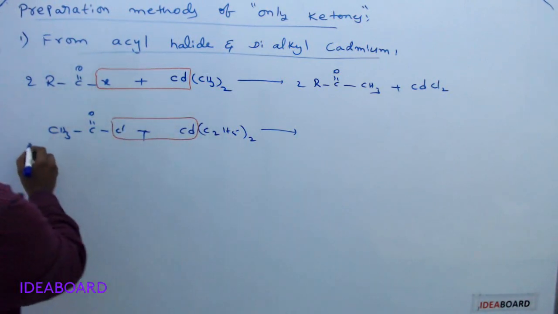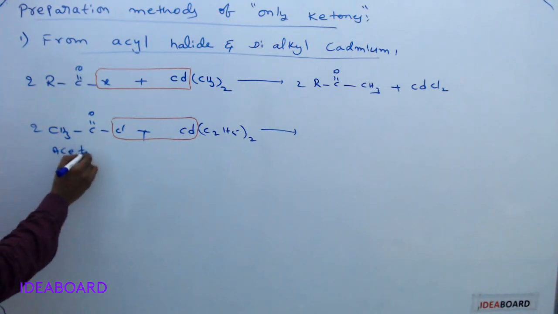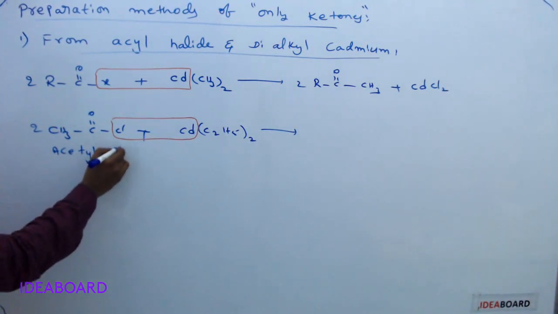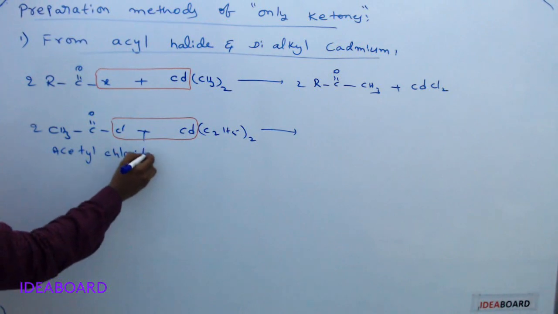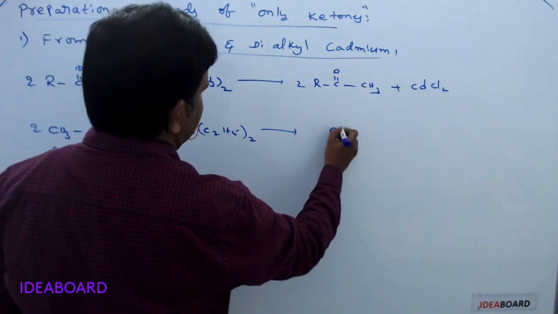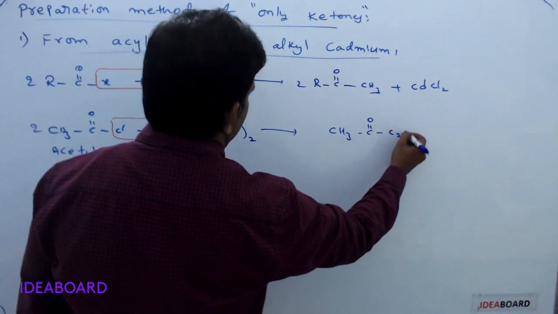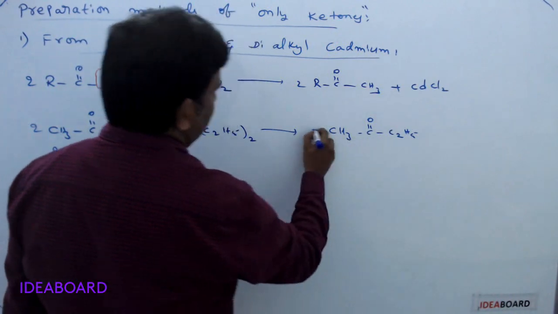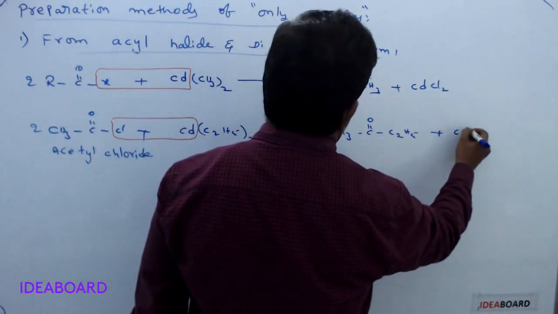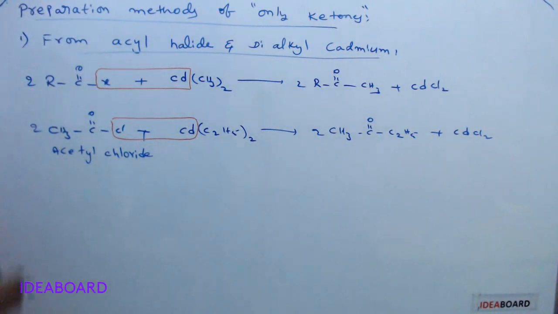Two molecules of acyl chloride, this is called acetyl chloride, give two molecules of CH3COC2H5 plus CdCl2. This is from acyl halide and dialkyl cadmium.